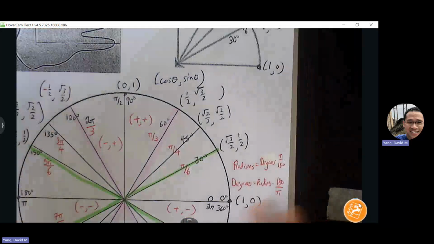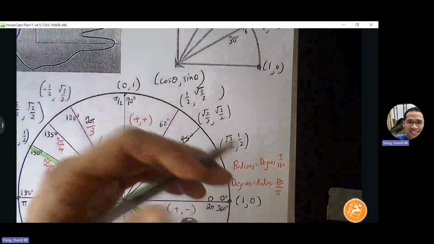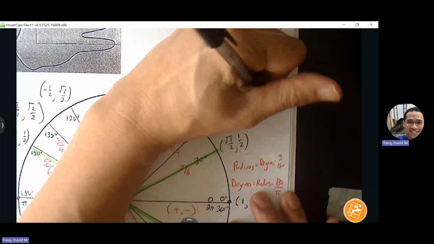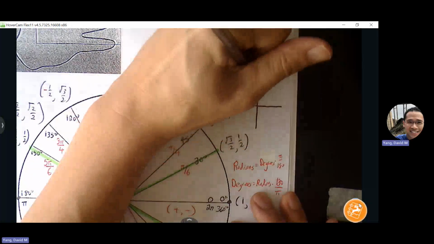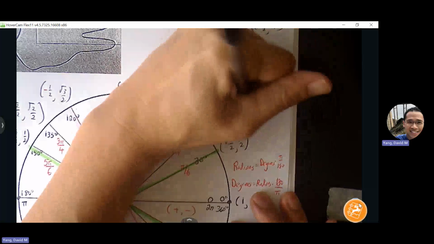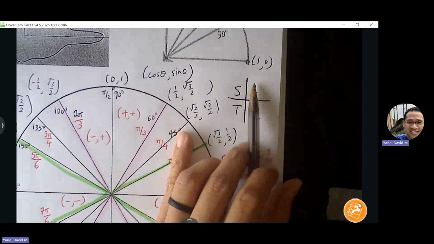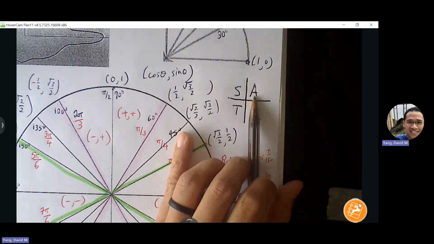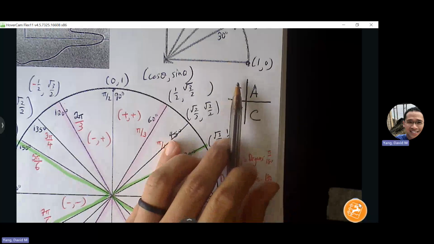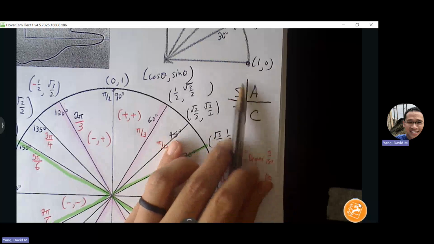One more thing I want to point out is something that helps with knowing what the positive and negative signs are. This acronym, ASTC. Okay, so this means all your trig functions are positive in the first quadrant. Here, everything is negative except sine.